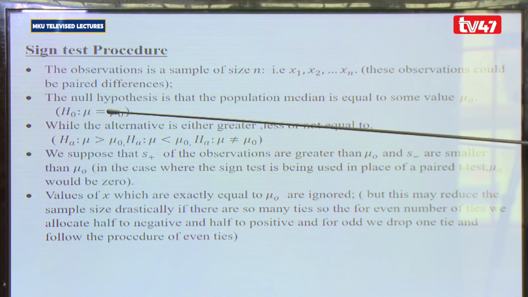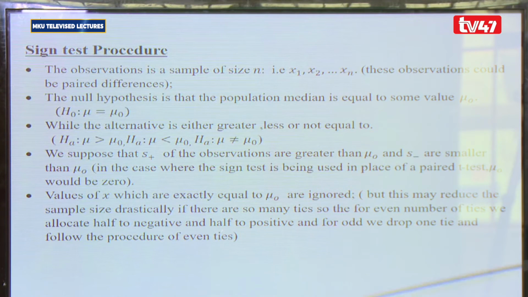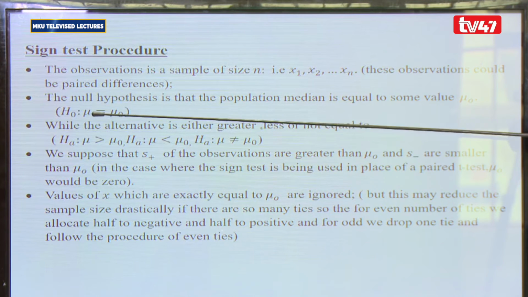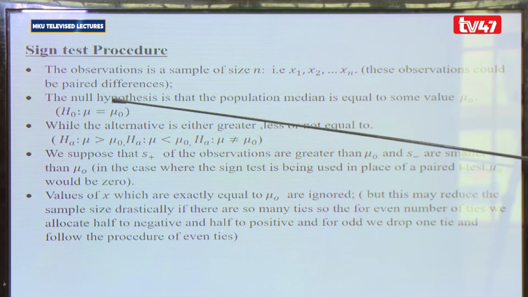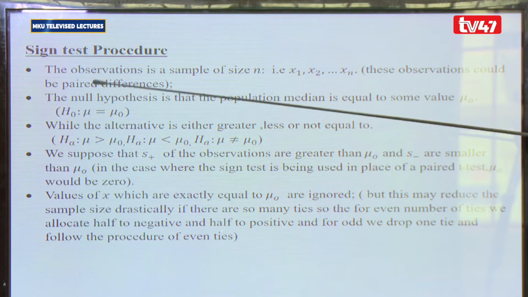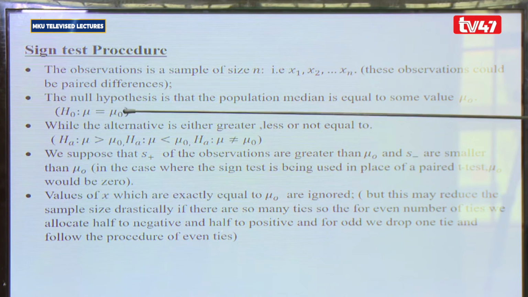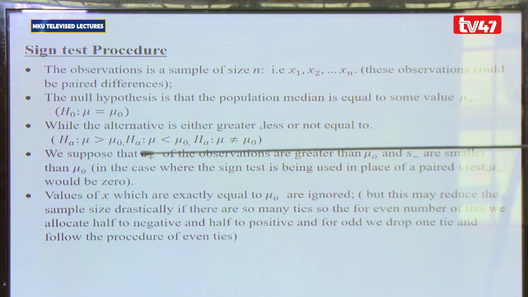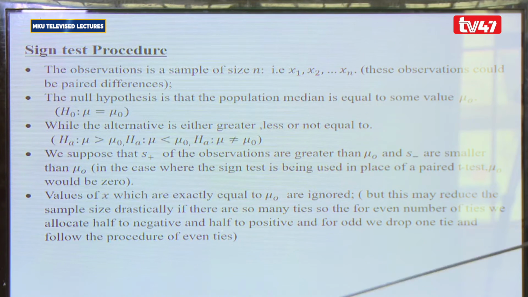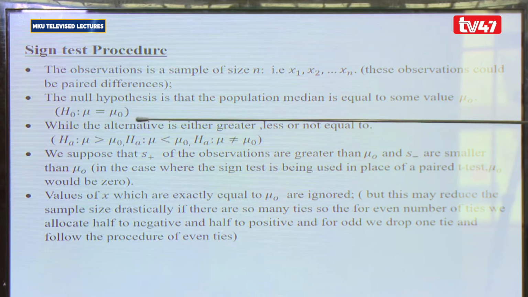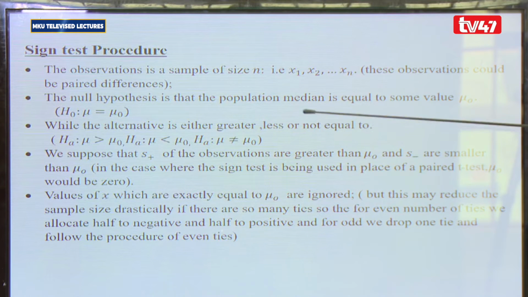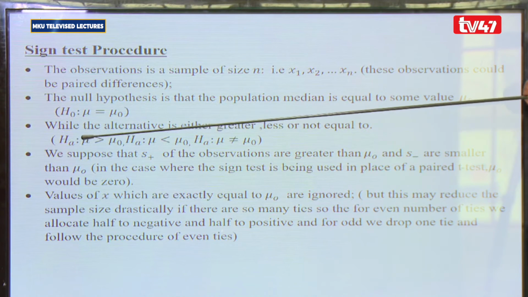This is how we denote the null hypothesis about the population median. The hypothesis will always be concerned about the population characteristic, not the sample, and we have a specific known median that we are talking about for that population, where the alternative is either greater than, less than, or not equal to, mathematically represented as such.